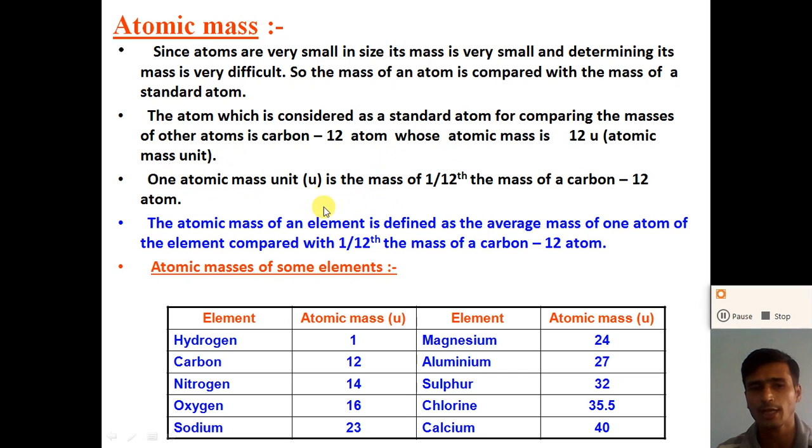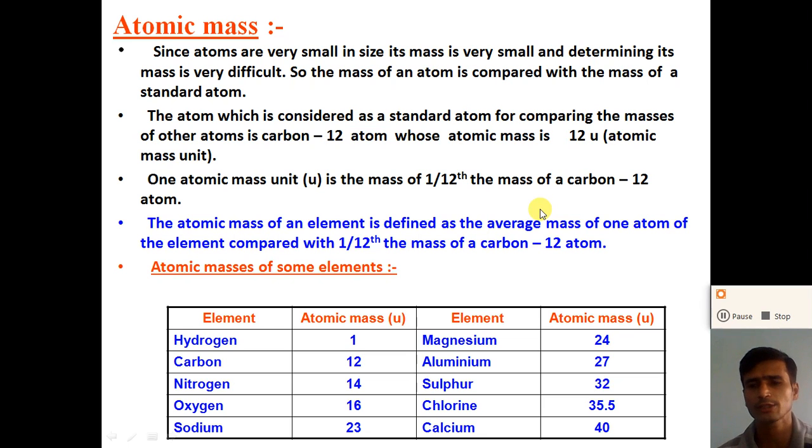So what is one atomic mass unit? One atomic mass unit is the mass of the 12th part of the mass of the carbon atom. AMU is the unit of atomic mass, and the atomic mass of an atom is measured in AMU.